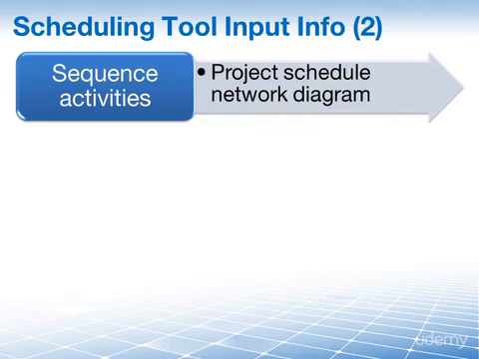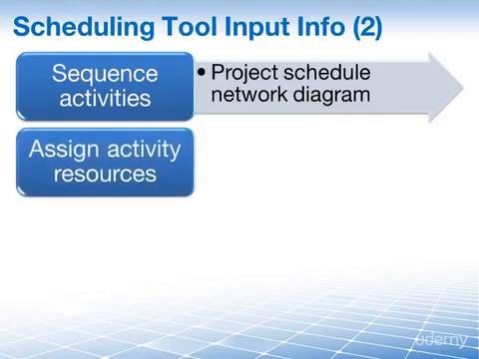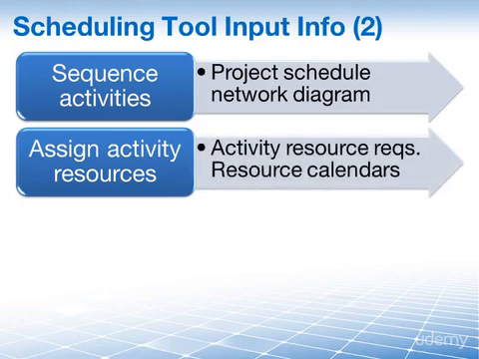This diagram is an output from the sequence activities process and tells us exactly in which sequence the activities should be performed. We're now going to assign resources to our activities. We can find this information in the activity resource requirements, but we also have to take their availability into consideration, and that information is found in the resource calendars.